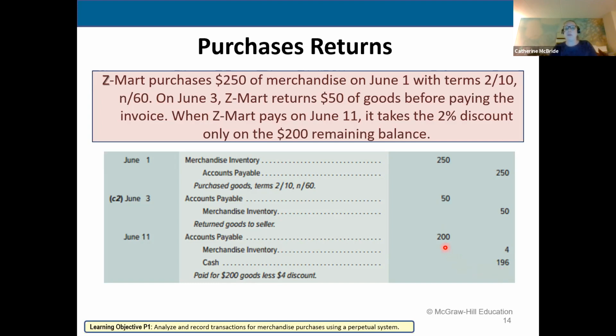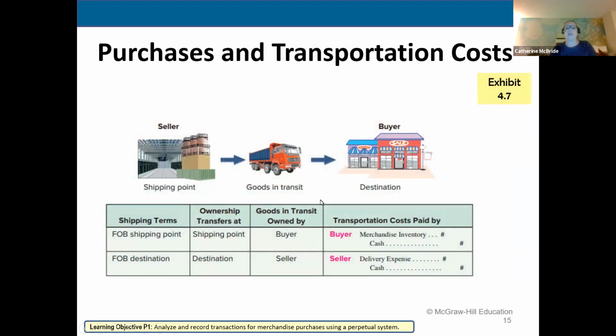We have to debit accounts payable for $200 because that's how much we owe. That's how much is in the accounts payable account. We're going to reduce merchandise inventory with the credit for the discount and then our check is $196. Everything comes directly in and out of the inventory account.